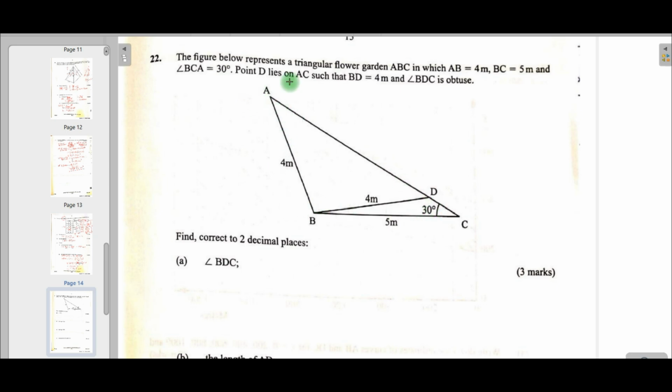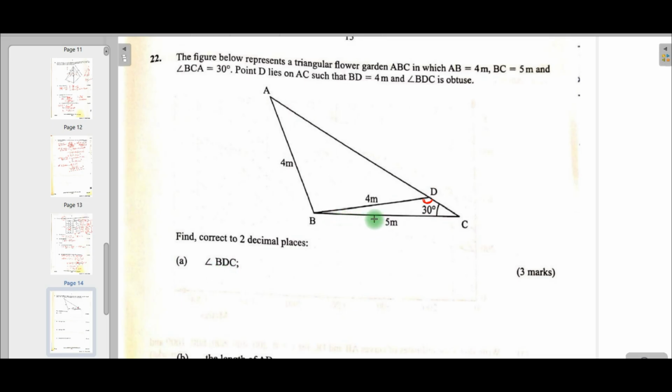Point D lies on AC such that BD is 4 cm and angle BDC is obtuse. An obtuse angle is an angle less than 180 and greater than 90. So, part A of the question, we need to find angle BDC correct to 2 decimal places.